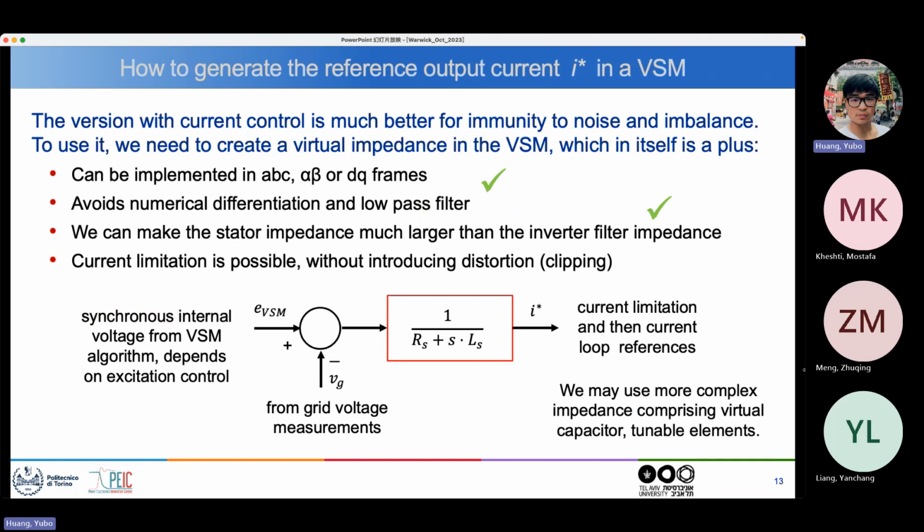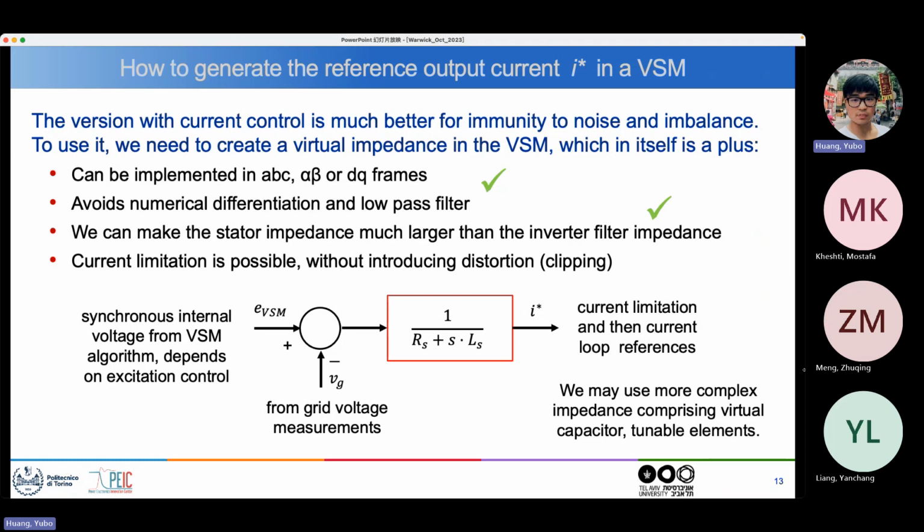Now, let's discuss a bit this version with current control. So how do we actually do it? We have the synchronous internal voltage generated by our model of the synchronous generator. We have the measured grid voltage. We take the difference, and this difference, we don't put it on the real filtering output. No, we do it in the processor of the controller.